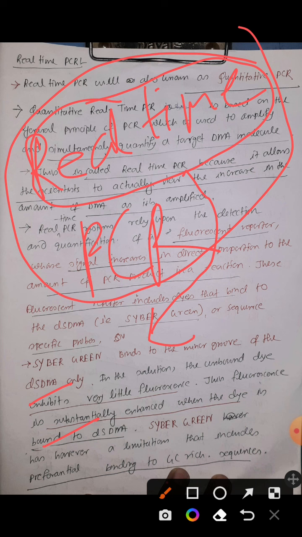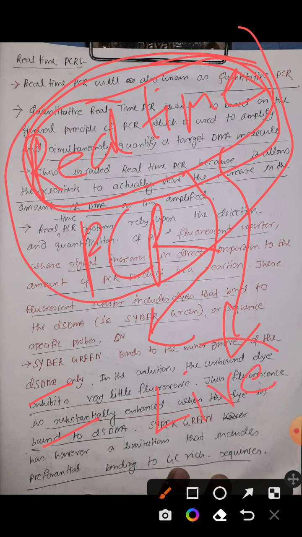That means it provides the scientist the opportunity to observe the increase in the amount of target DNA during the PCR technique. That is why real time is associated with PCR. So real time means live. Here the scientist gets the opportunity to observe the increase in the amount of DNA molecule during the PCR technique.